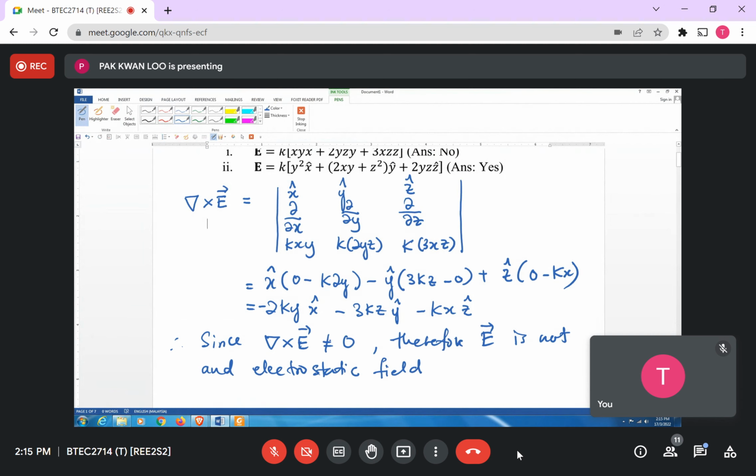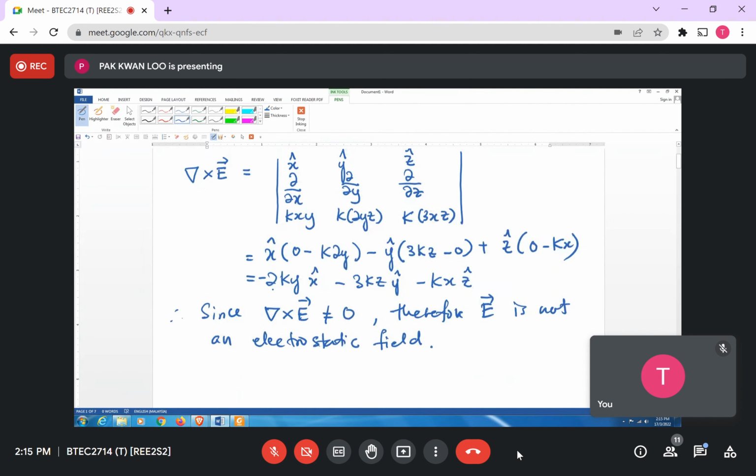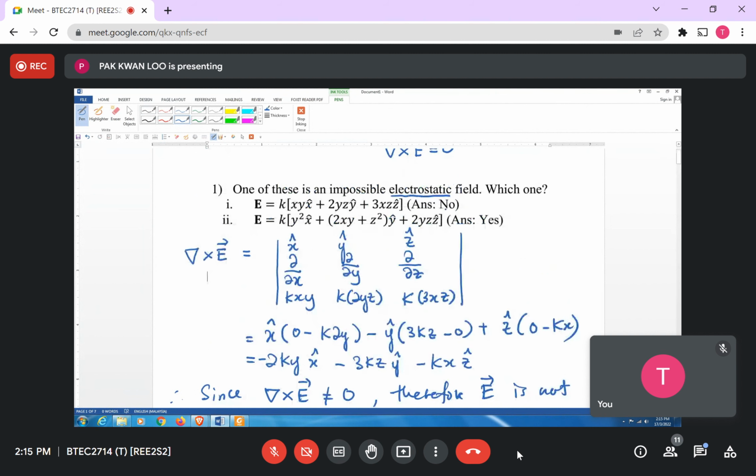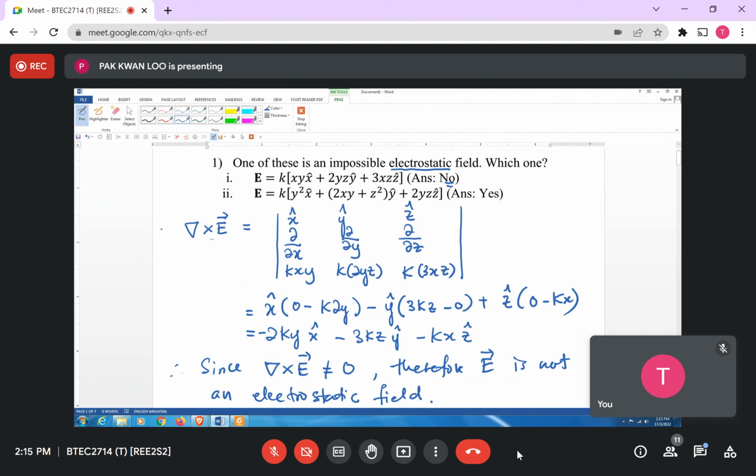And this is not equal to 0, and therefore it is not an electrostatic field. So therefore the answer is no. I will leave part 2 for you to test on your own.